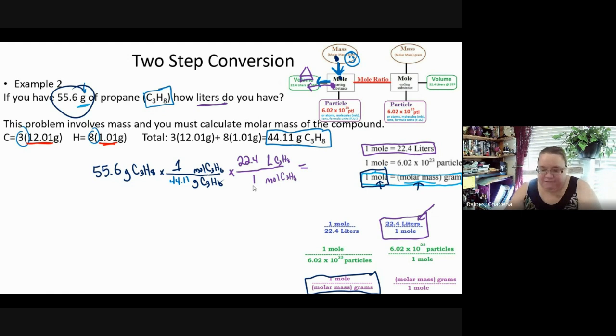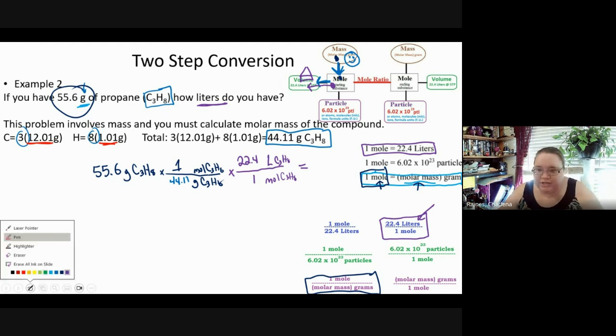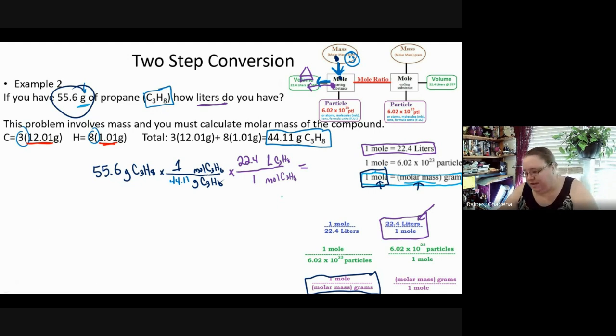In terms of significant figures, we have 3 non-zero numbers. So my answer needs to have 3 non-zero numbers. So handy dandy calculator gives me, I don't think I changed the color, so let's change the color. Gives me 28.23486738.